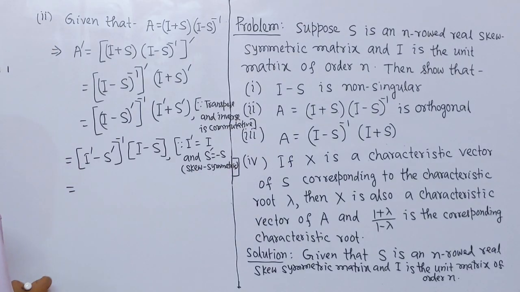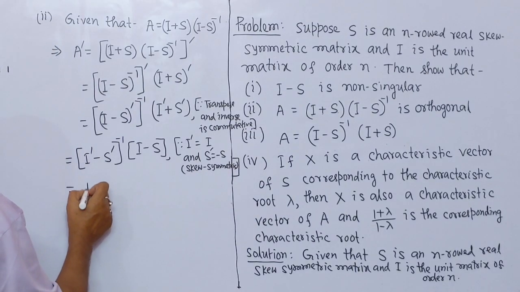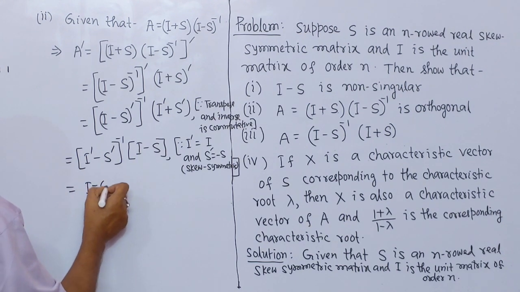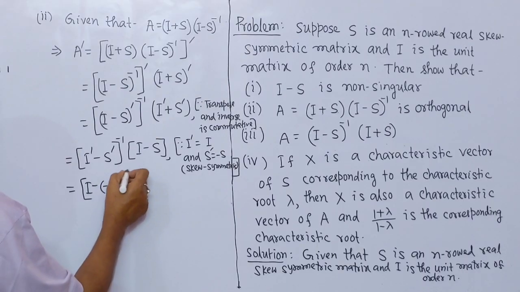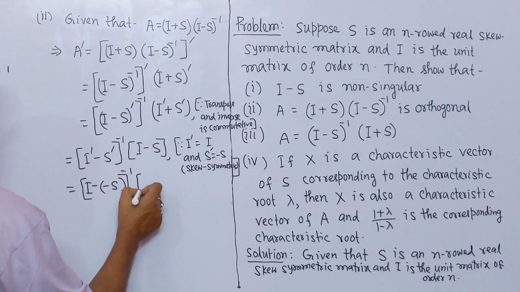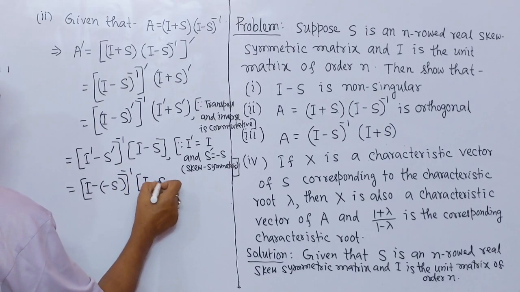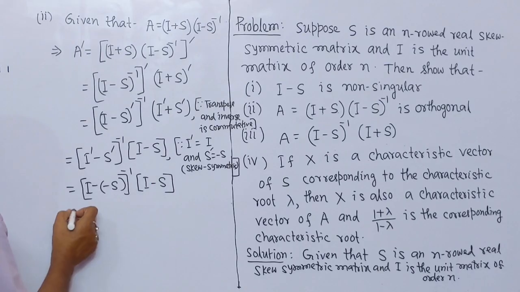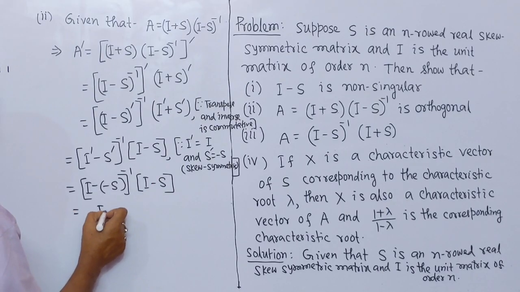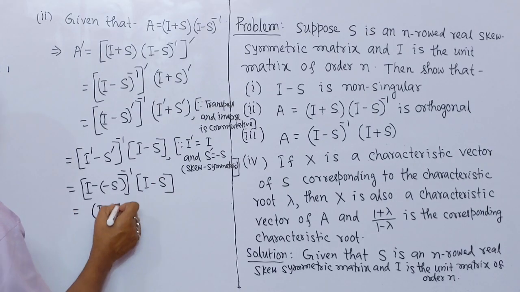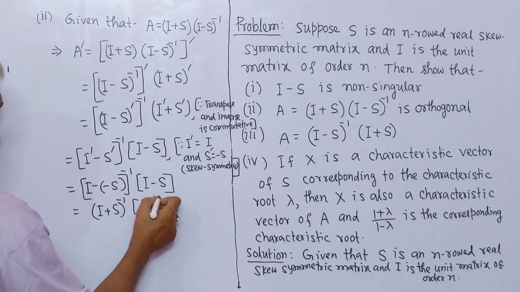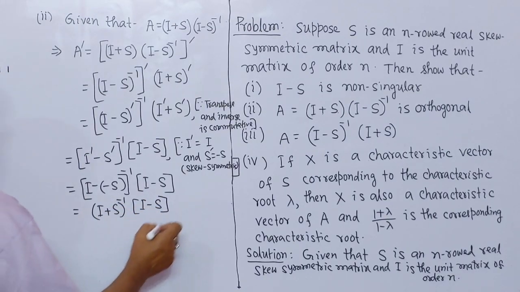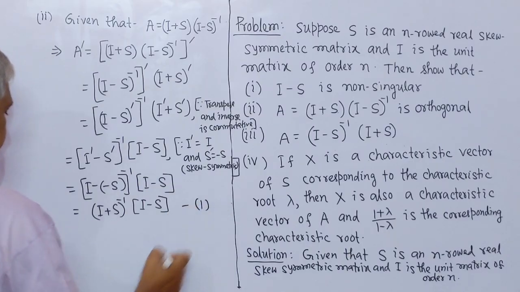This equal to I transpose is I, minus S transpose is plus S, whole inverse. Here I minus S, this equal to I plus S whole inverse I minus S. Let this is number 1.